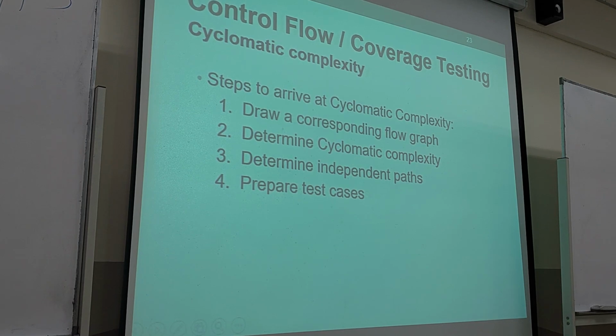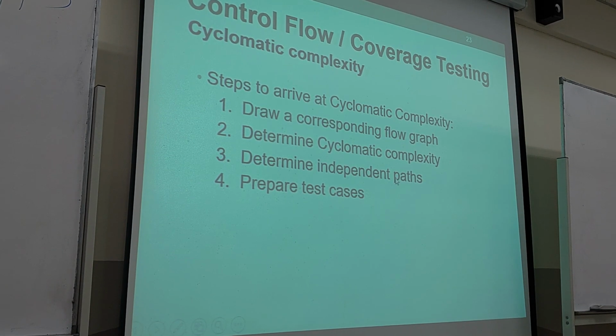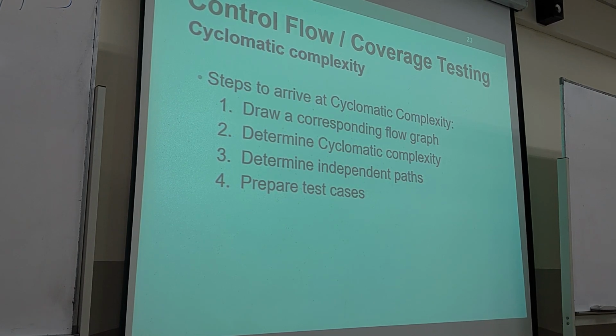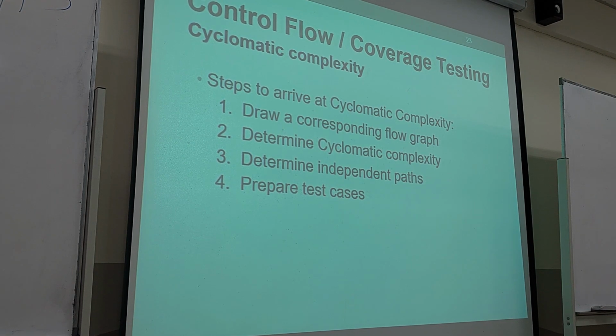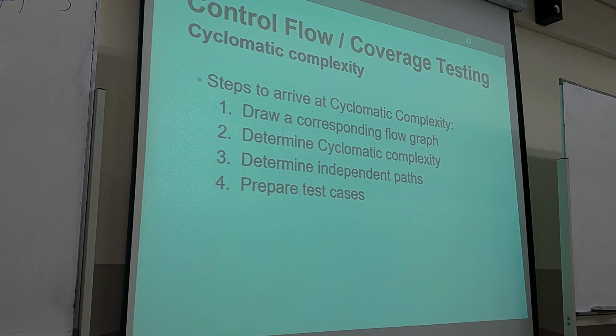It means we know how many paths we are going to test. Based on the paths we will have the test cases. We can try the test case preparation in the practical time if we have time for that. But when it comes to your midterm final exam, we will stop at 3. You don't need to prepare the test cases. Got it? Okay.